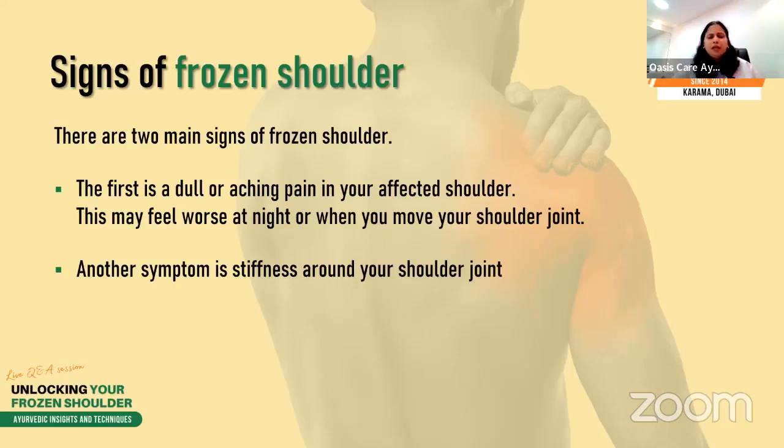First, there is a very dull ache that mainly affects the shoulder part. Most of the time, patients tell us that the shoulder pain is much more at night. Whenever they move on their bed, they are not able to bear the pain. Another symptom is stiffness around the shoulder joint.